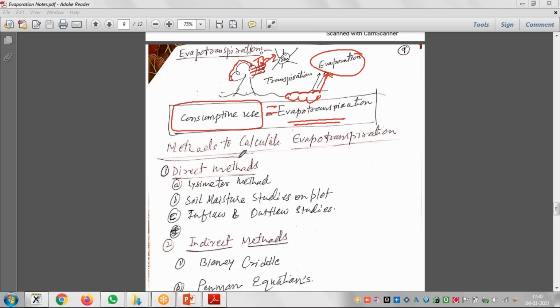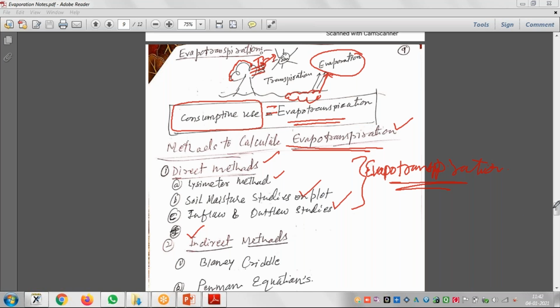Now there are some different methods to calculate the evapotranspiration. What are these methods? Direct methods and indirect methods. Lysimeter, soil moisture studies on plot, and inflow and outflow studies are the direct methods to calculate evapotranspiration.